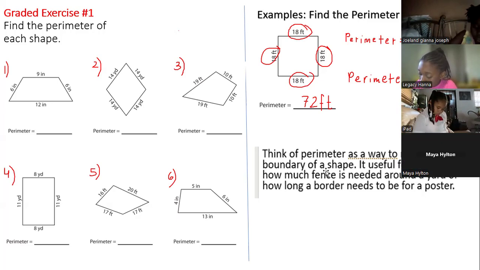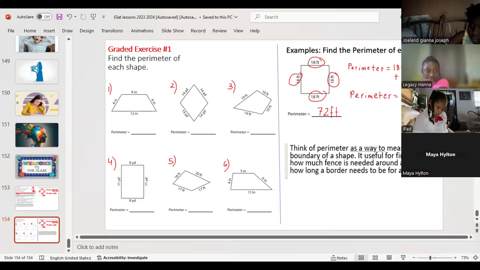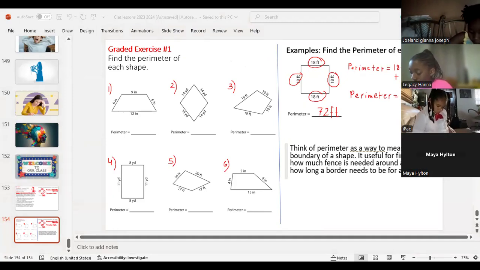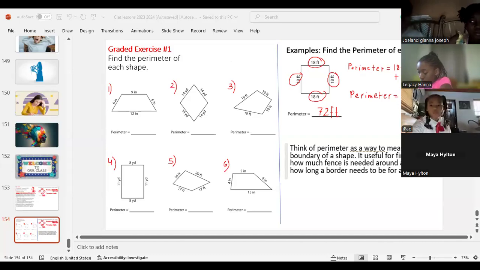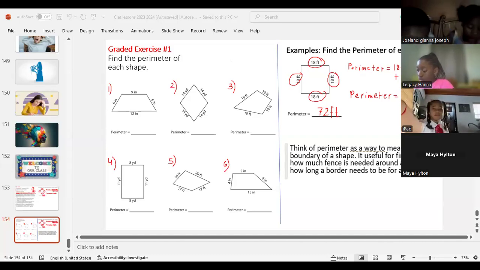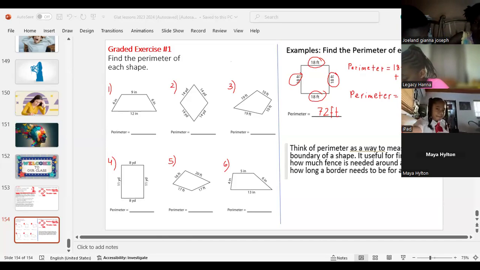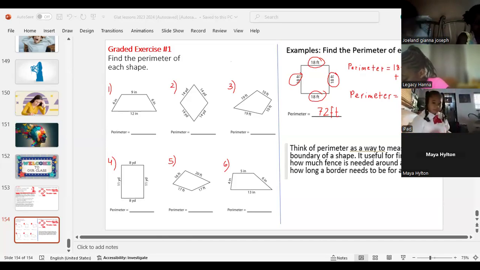Adaya, what number are you on now? Number 2. Joel and Gianna, what number are y'all on at this point? I'm on number 3. And Madeline, how about you? 4. Good, Joel. I'm on number 5. Number 5, that means you're almost finished. That's good.